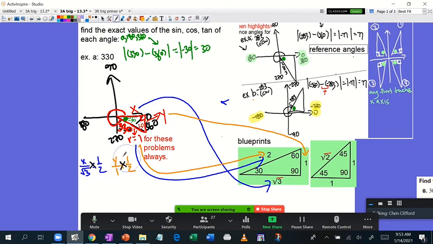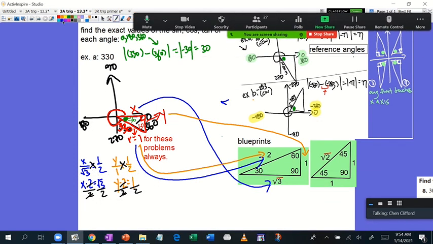What you see here on the bottom left ain't nothing new. X times 2 equals root 3. Y times 2 equals 1. Divide by 2 on each side, and I get X equals root 3 over 2, Y equals 1 over 2.